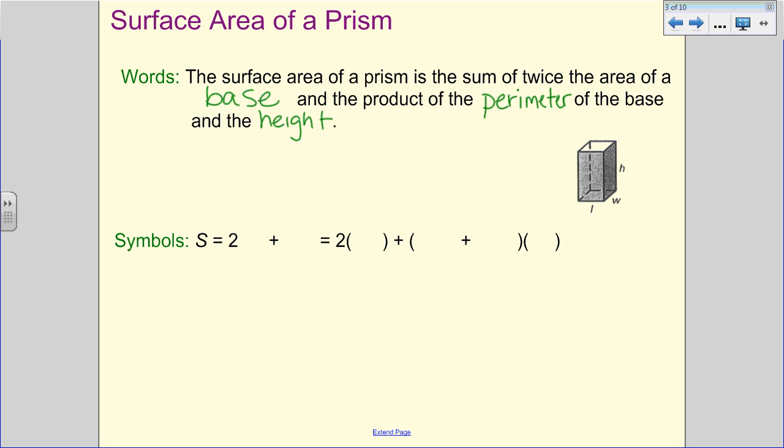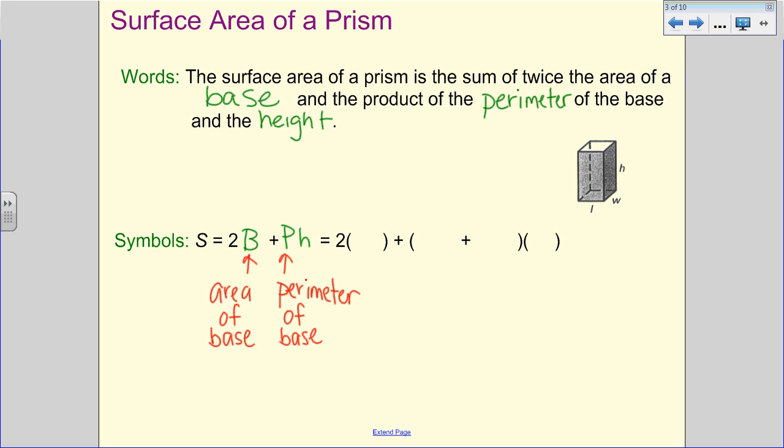All right? So in other words, it's 2 times big B for area of base. So this big B is area of base plus big P times H. And this is the perimeter of the base.